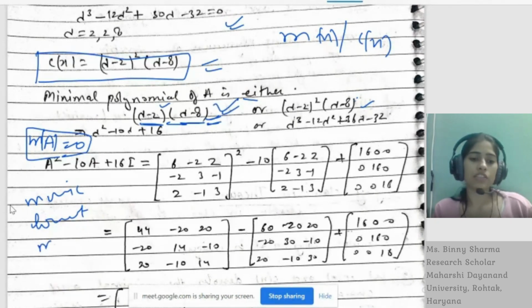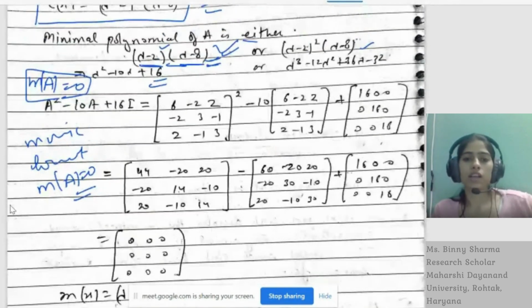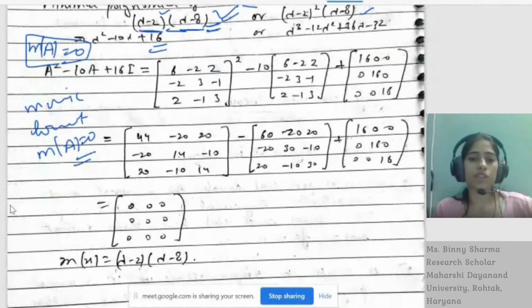We just put matrix A in this polynomial, and after squaring and doing the addition and subtraction, we get the 0 matrix.